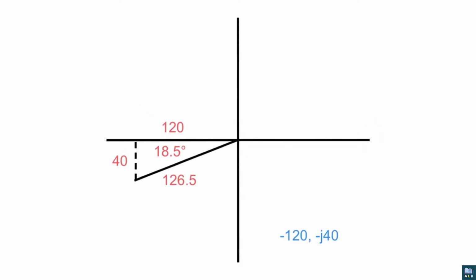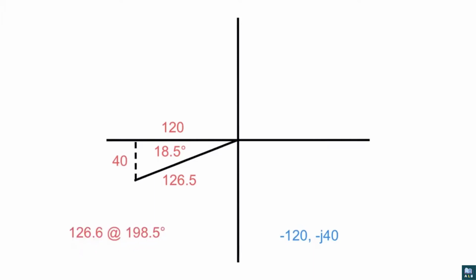Now we're going to go 180 plus the 18.5, and that gives me 198.5. So our rectangular form, negative 120, negative j40, has a polar form of 126.5 at an angle of 198.5 degrees.